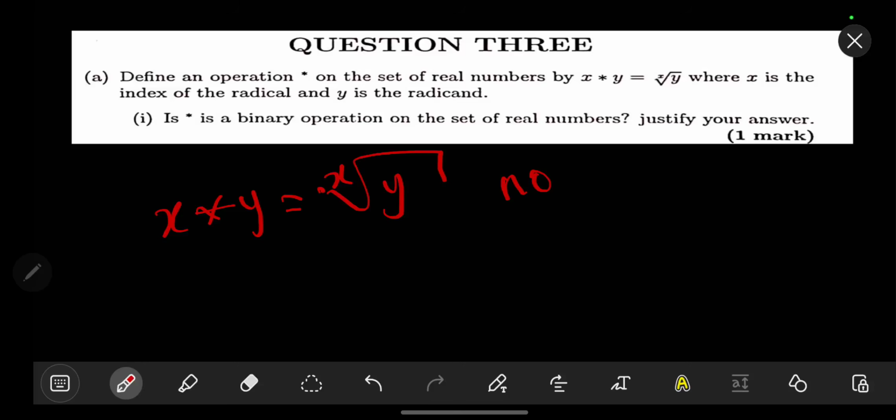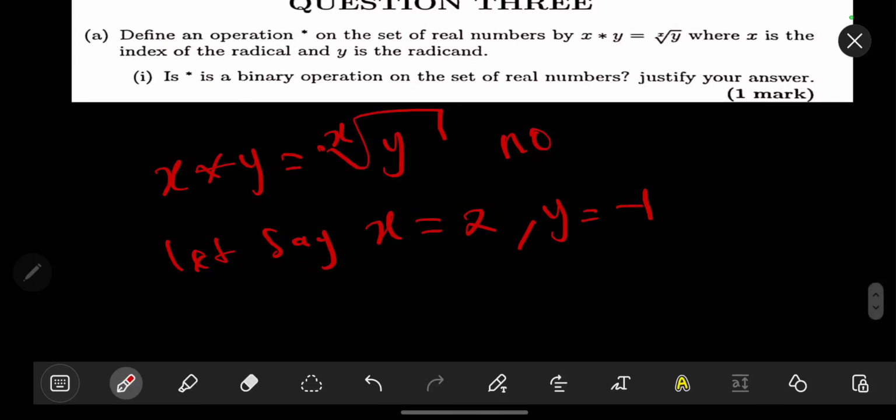So why no? Because let's take an example. Let's say x is equal to 2, and y is equal to negative 1. So if we have this combination, we are going to have 2 star negative 1. Where there is x, we put 2, where there is y, we put negative 1.